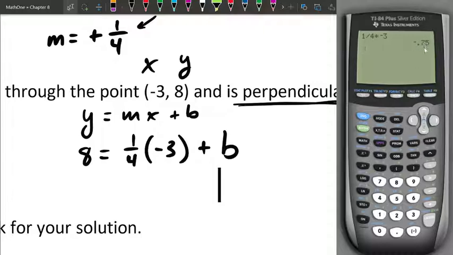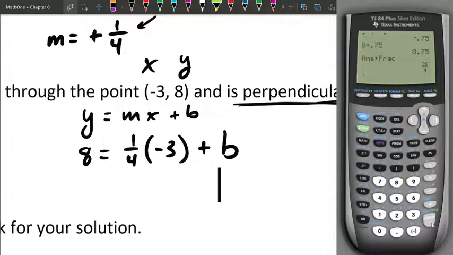And I get this beautiful number, -0.75, and I'm going to take that and add it to both sides. So I'm going to get 8 plus 0.75. I'm adding 3/4, and I get this value. It's 8.75. If I want, I can display this as an improper fraction. It's 35/4.